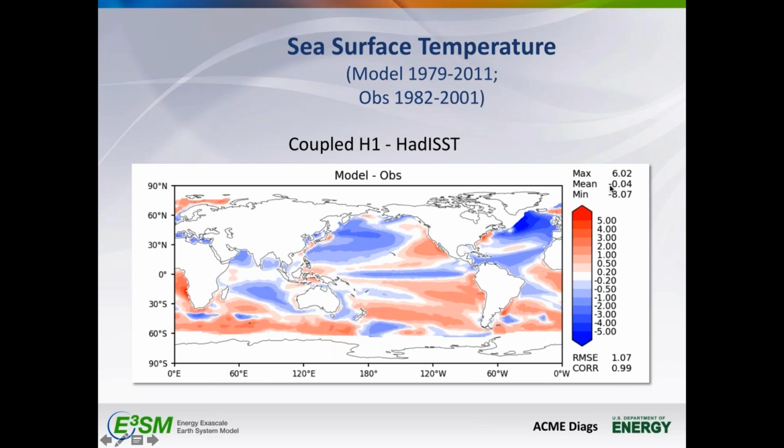The mean bias is very small, minus 0.04, so this is very good. We have managed to stay in line with the observation, and the RMS is around 1.07, which is probably not among the best CMIP models, but it's definitely a good value.